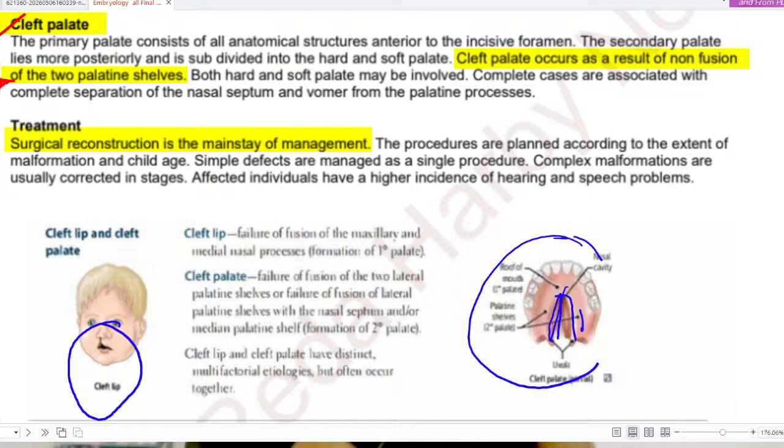Lip also, right side and left side, they both develop separately and then come and fuse together in the midline. But if there is any anomaly, then there will be a gap. Sometimes a patient might have only cleft lip, sometimes only cleft palate, sometimes both cleft lip and cleft palate.